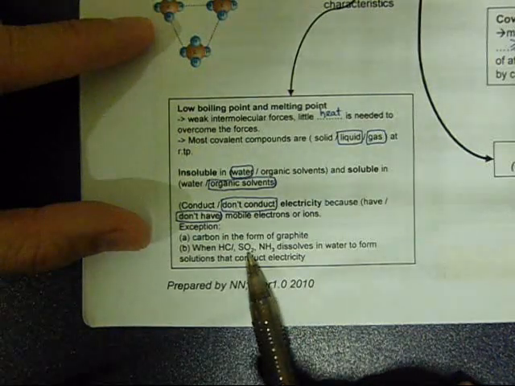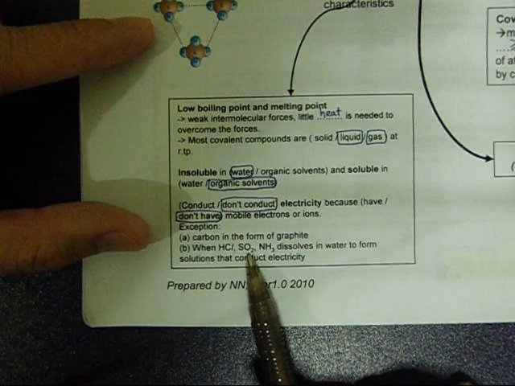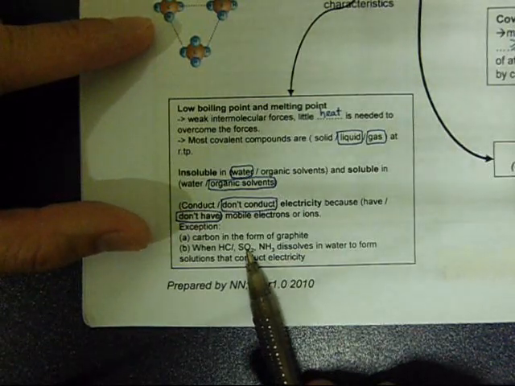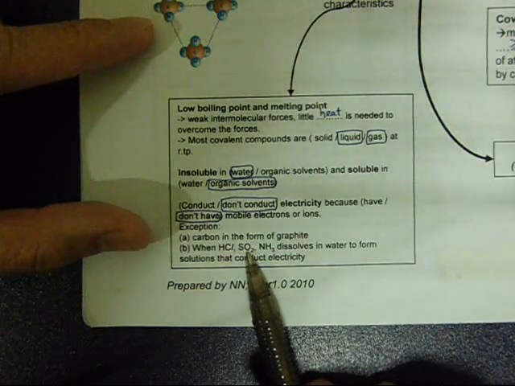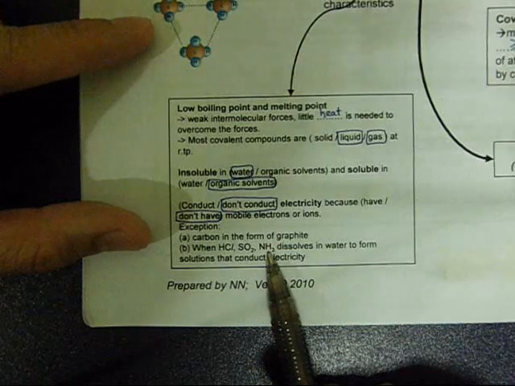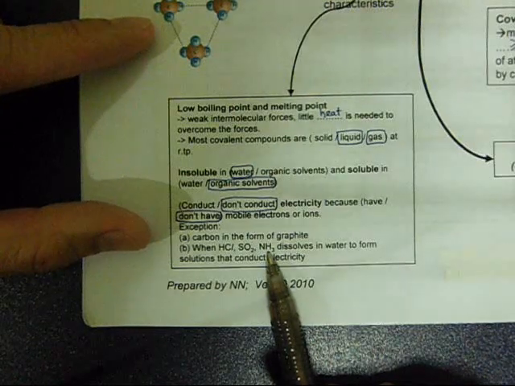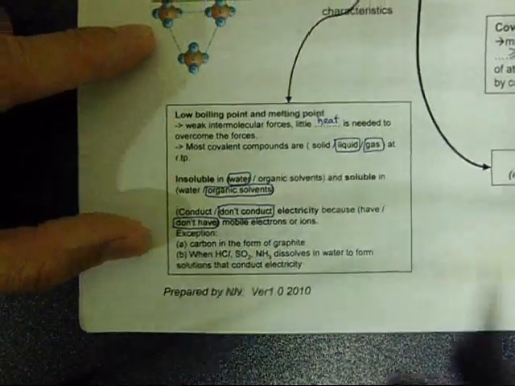When sulfur dioxide dissolves in water, it forms sulfurous acid first, and then after that becomes sulfuric acid, and the acid can conduct electricity. Likewise, when ammonia gas dissolves in water, it forms aqueous ammonia, which can conduct electricity as well. So these are the exceptions.